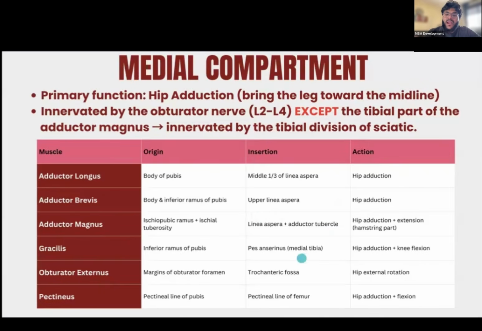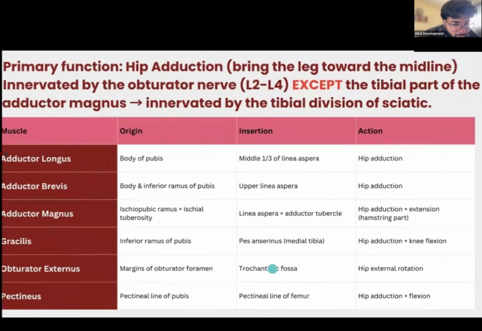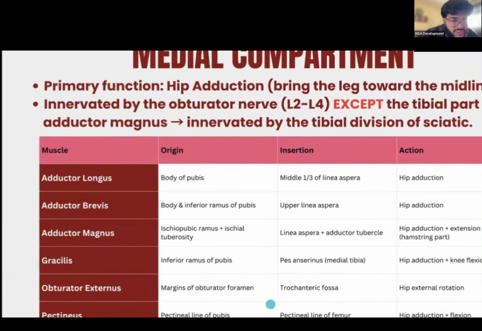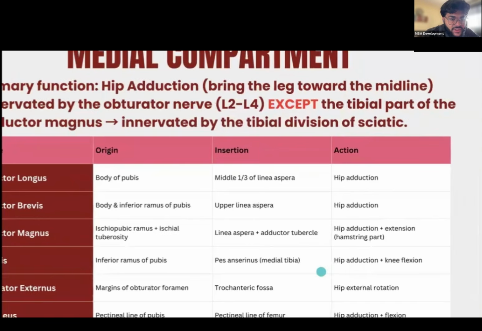Then we have the gracilis, which originates from the inferior ramus of the pubis and inserts into the pes anserinus. You don't need to know the pes anserinus; I'm just reading them for completion's sake. So the gracilis inserts into the pes anserinus, and its function is hip adduction, but it also has a function in knee flexion.